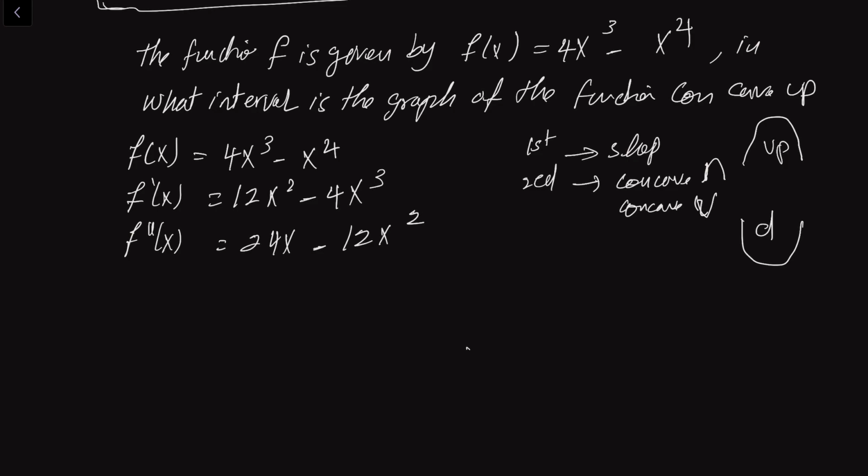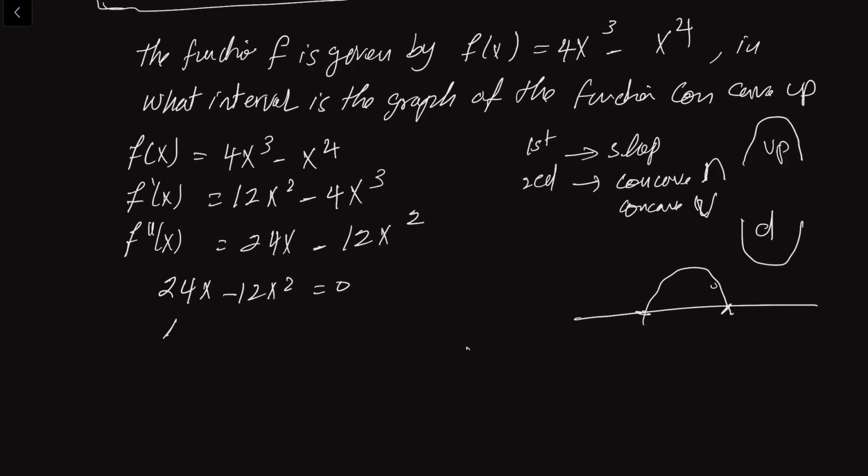In order to find where the graph intercepts the x-axis, we need to make this function equal to 0. So 24x minus 12x squared equals 0.